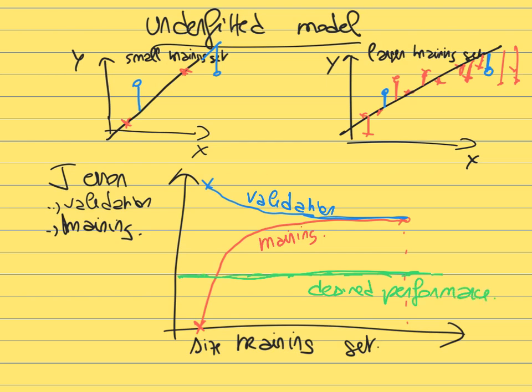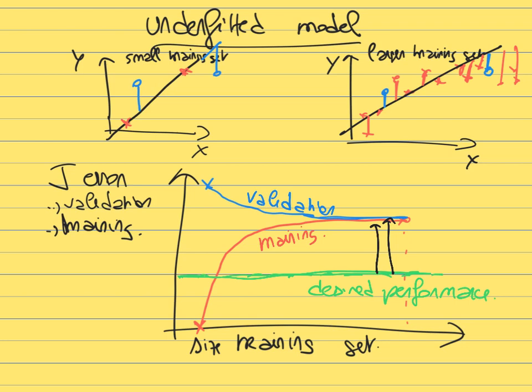So the first thing you can say for an underfitted model is that, because it's too simple, the error for the training set, but also the error for the validation set, is going to be significantly higher than the desired performance. Maybe you didn't need the learning curve to get this.